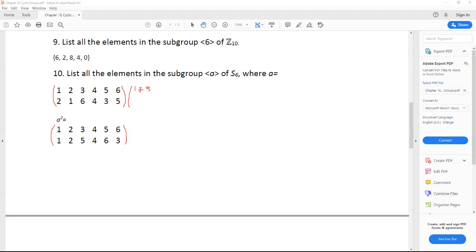And let's see if I can do somewhat better with this drawing today. So let's see, we have 2, 1, 6, 4, 3, 5.